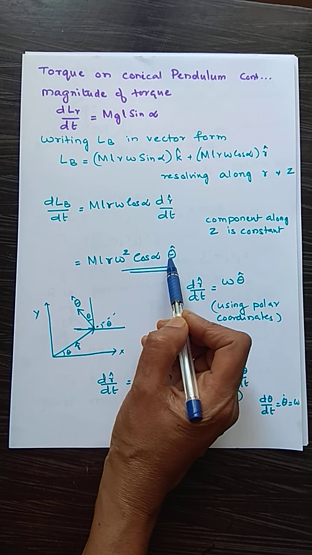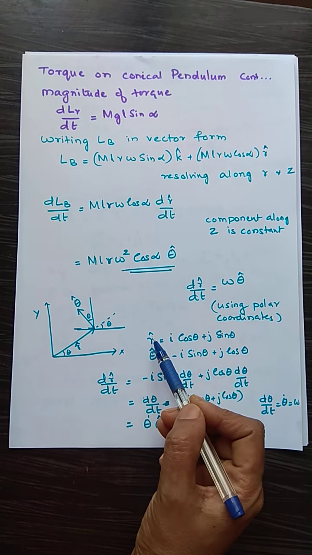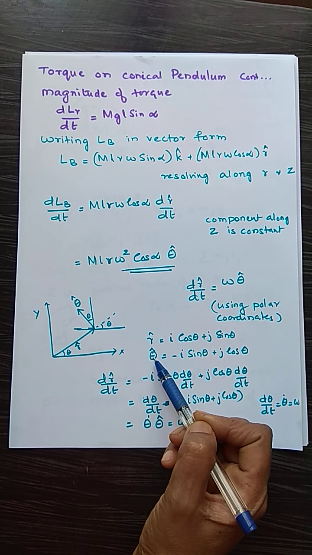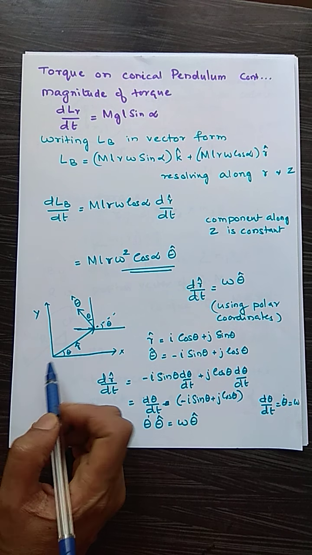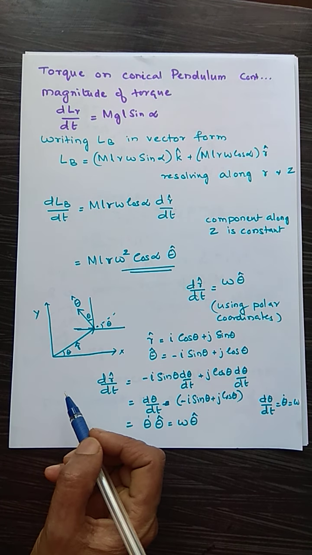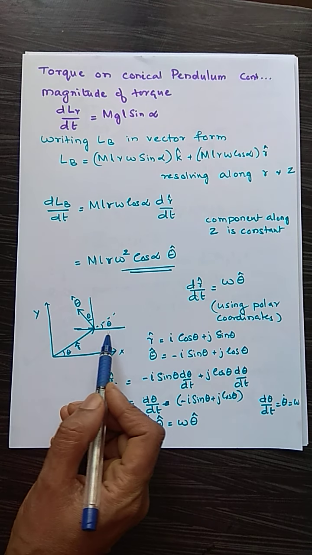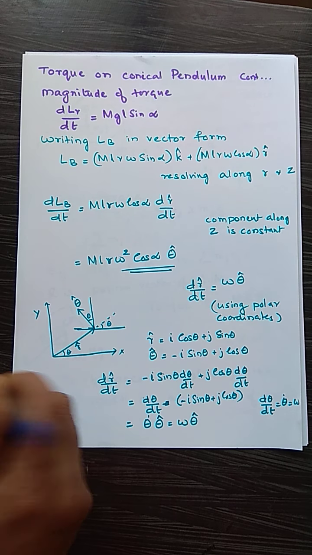How we get this unit vector theta is by using the unit vectors in the r, theta coordinates. x, y, z are your rectangular coordinates. In cylindrical coordinates you have r, theta and z, where z is in the perpendicular direction.